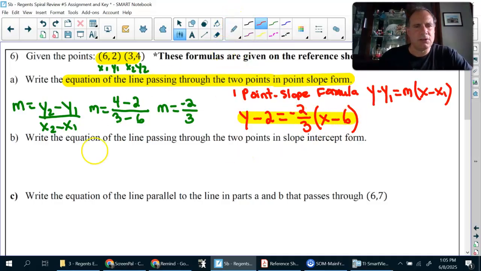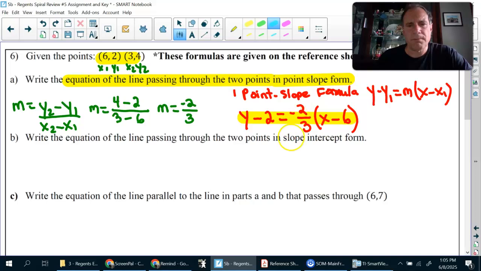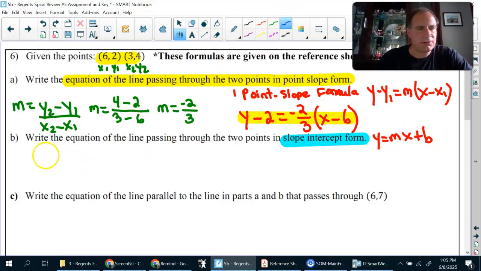That's what that is. So now write the equation of the line passing through the 2 points in slope intercept form. Slope intercept is y equals mx plus b. So we're going to take this and rewrite y minus 2 equals negative 2 over 3 times x minus 6.